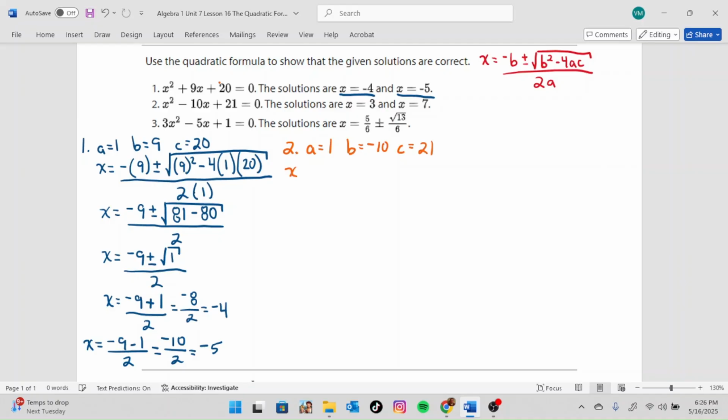Now we substitute them into the formula. X equals negative 10 plus or minus the square root of negative 10 squared minus 4 times 1 times 21, all of that divided by 2 times 1.